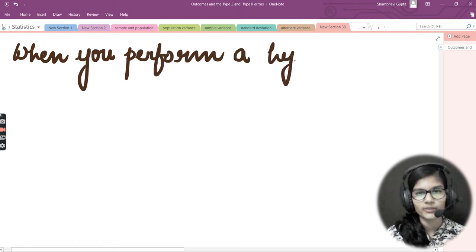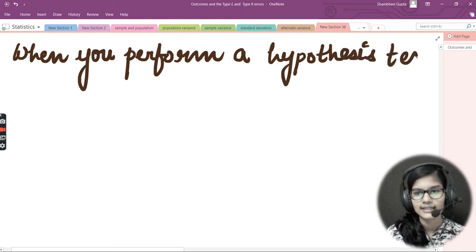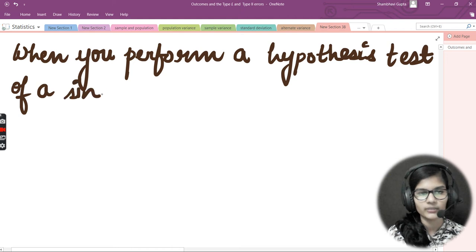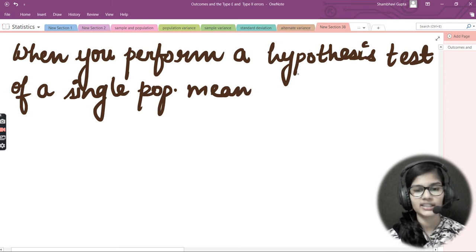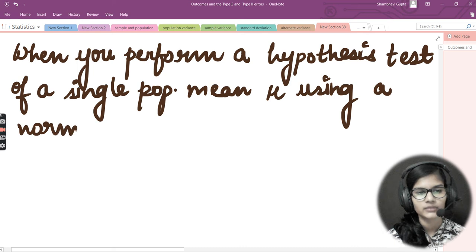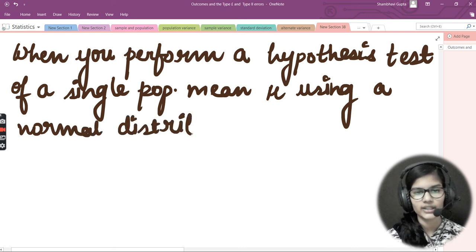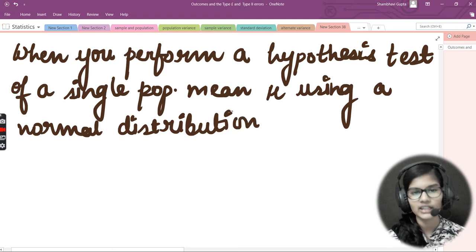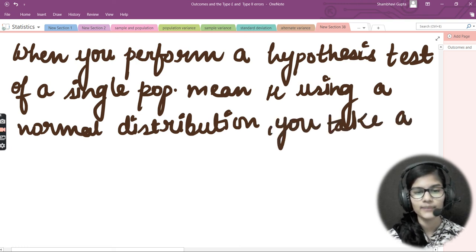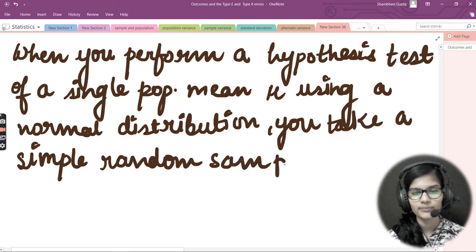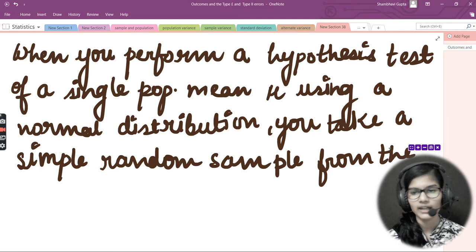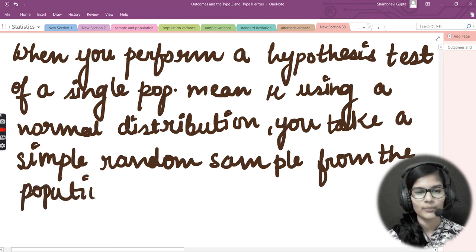When you perform a hypothesis test of a single population mean, that is mu, using a normal distribution, what we do is take a simple random sample from the population, right?